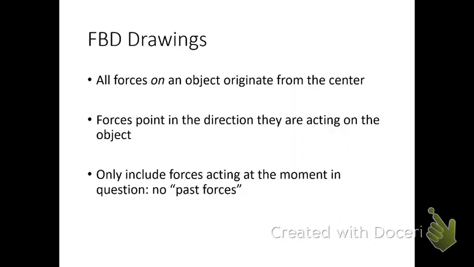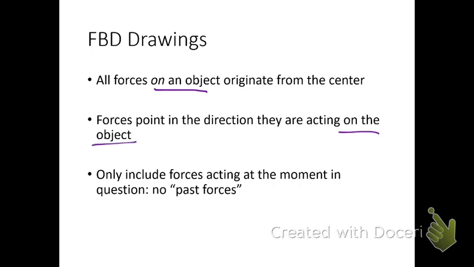Speaking of free body diagrams, in order to successfully draw one, all forces on an object are going to originate from the center. You can basically treat the center of mass as where the forces are acting, at least for now. It gets a bit more complicated later, but let's not do that yet. And the forces point in the direction they are acting on the object. Now, notice that I have the words "on the object" here a couple of times.